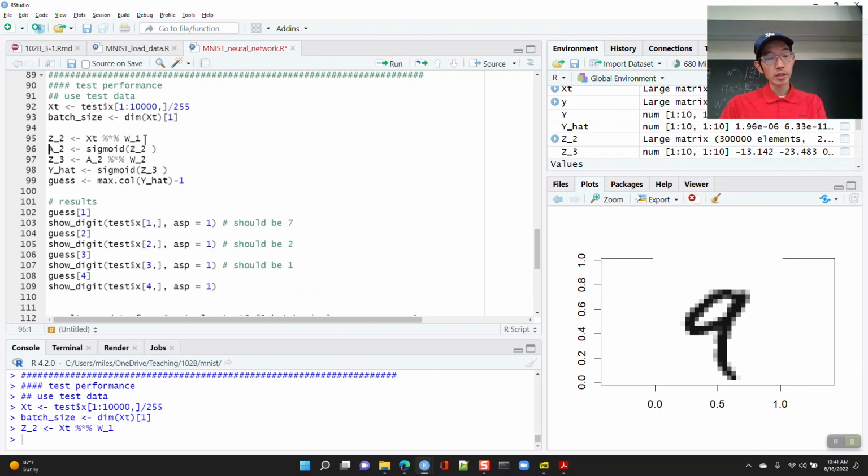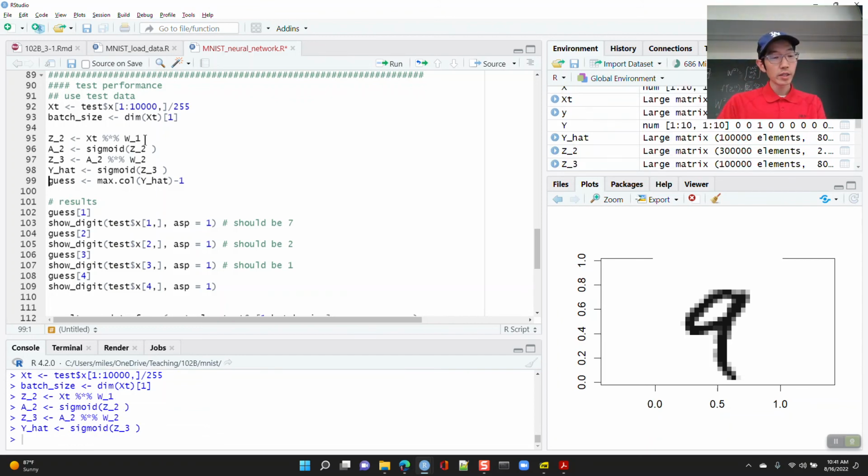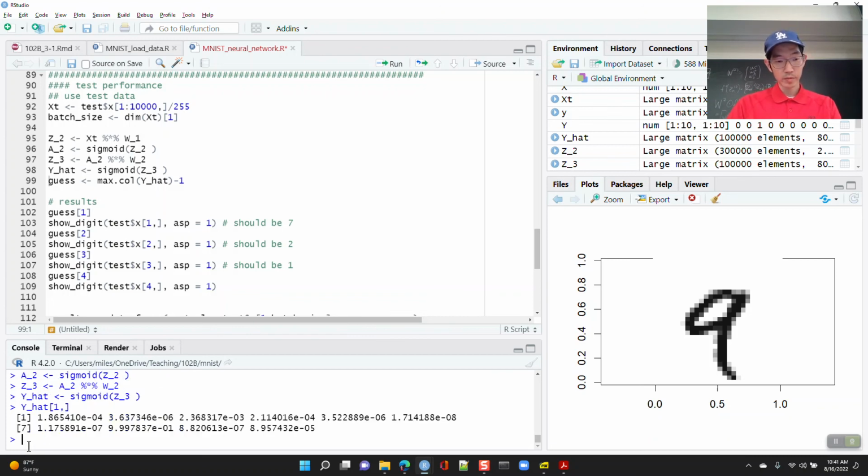So I'm going to take all of these things, and the guess will say, all right, actually, let's just look at this first row here. Okay, this first row looks like this. Let me round it.